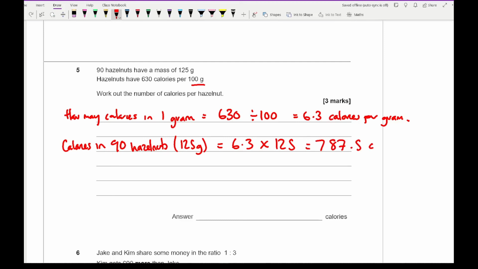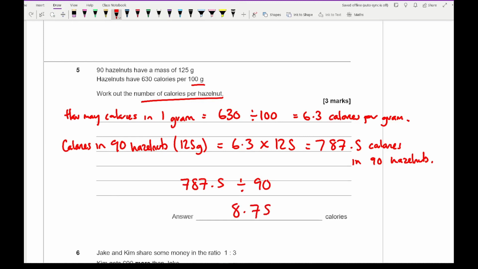So that's how many calories there are in 90 hazelnuts. So to work out how many calories there are per hazelnut, I'm going to do 450 divided by 90. And if I divide that answer by 90, I get an answer of 5. And there is my final answer.